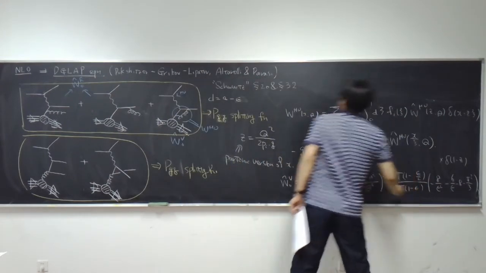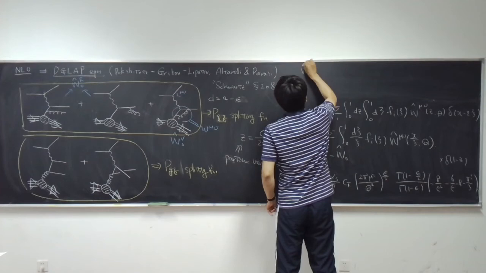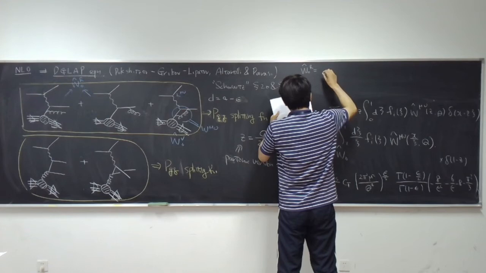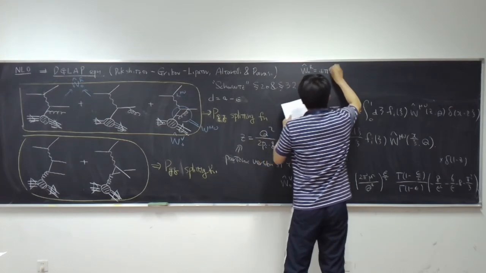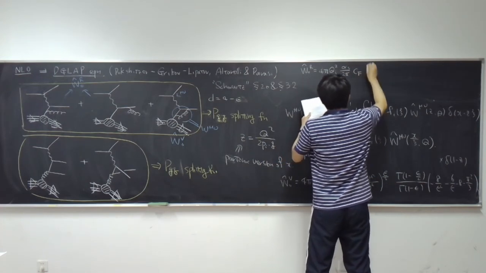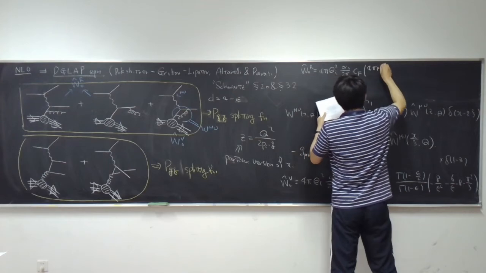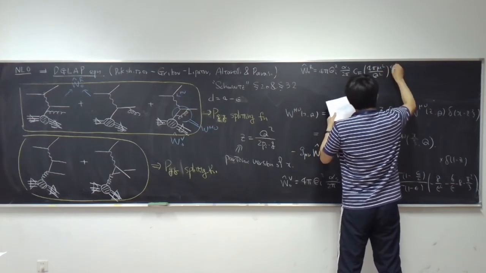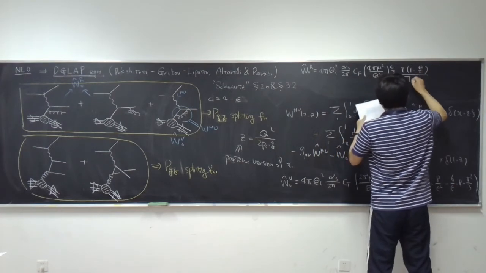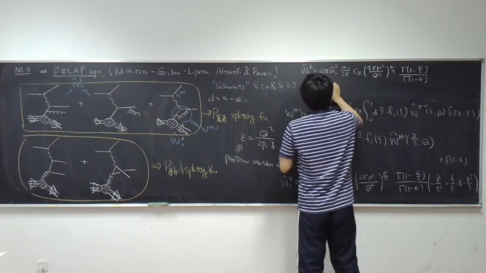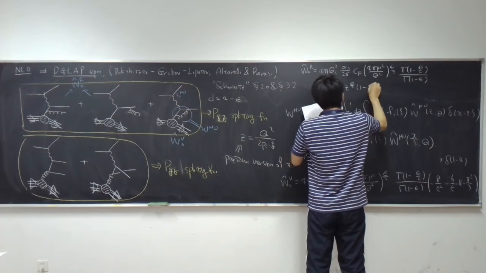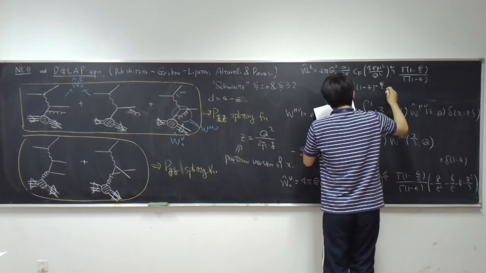W0R can also be evaluated in the same manner. It's the same computation, and what we will get is 4 pi qi squared of s, over 2 pi cf, 4 pi mu squared over q squared to the epsilon over 2, 1 minus epsilon over 2, gamma minus 1 minus epsilon, and 3z plus z epsilon over 2, 1 minus c minus epsilon over 2.